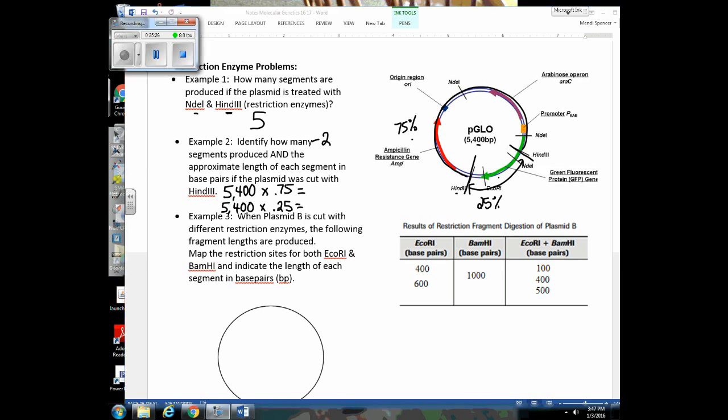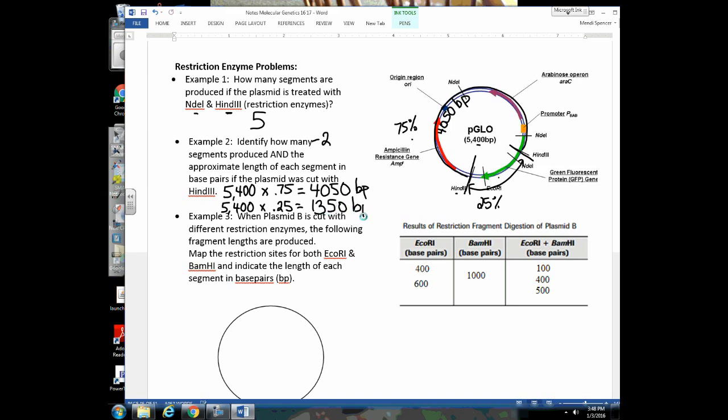This would give you about 4,050 base pairs long. So that's this segment. Let's indicate that. So this segment would be about 4050. And this segment would be about 1,350 base pairs long. So that would be this one right here.